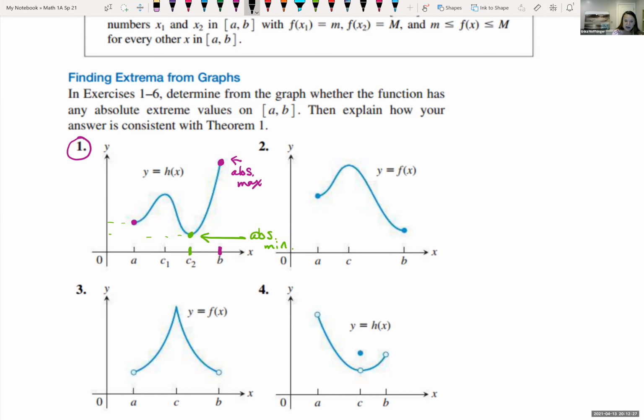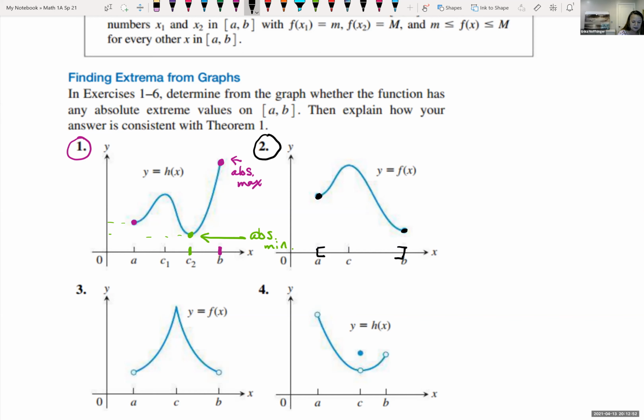So the same sort of idea happens if you look at number 2. This is closed because these are solid circles on some interval, and it's continuous over this interval where x equals a through x equals b. So an absolute max or an absolute min can either occur at the endpoints of your interval or at some value in between.